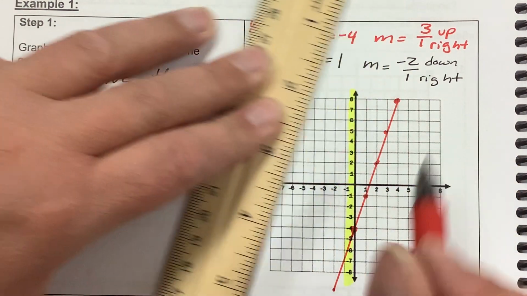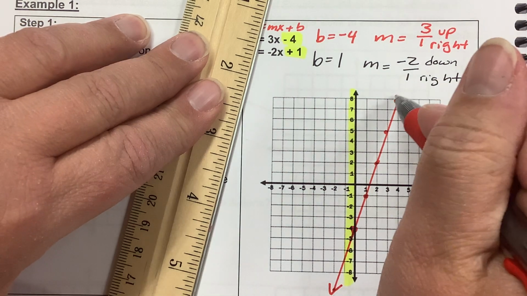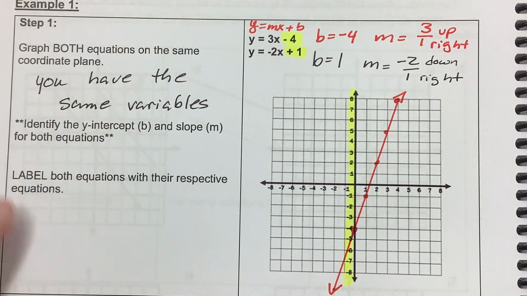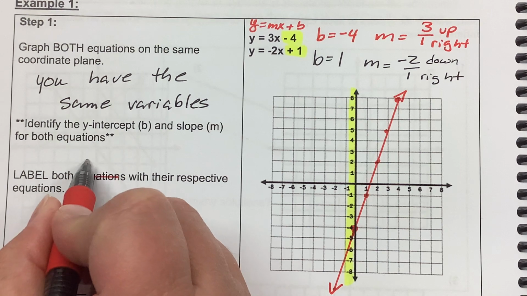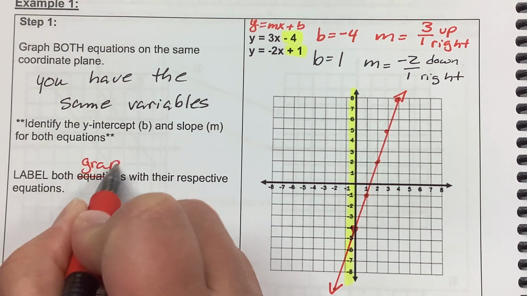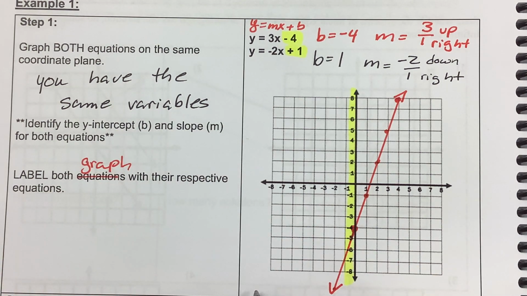So all the way across the grid, arrow on both sides, and now I have to label both graphs with their respective equations. So this first one is y equals 3x minus 4.